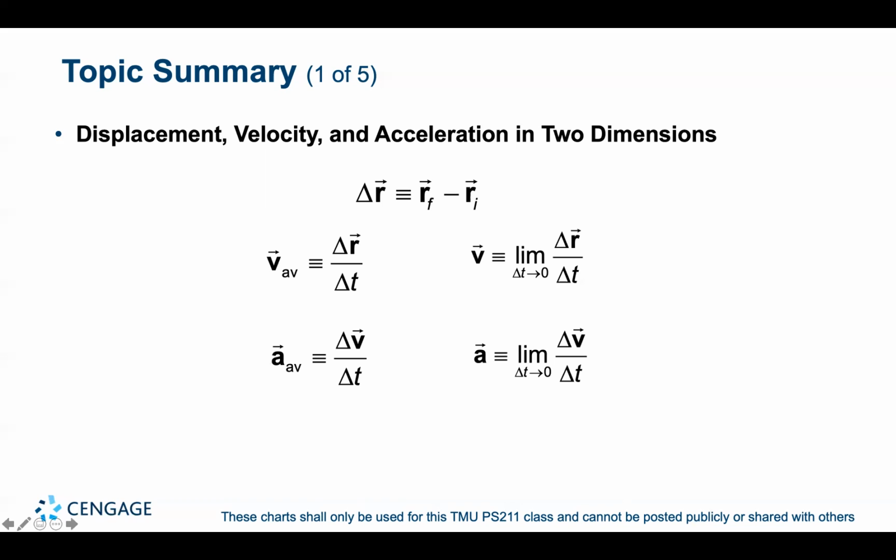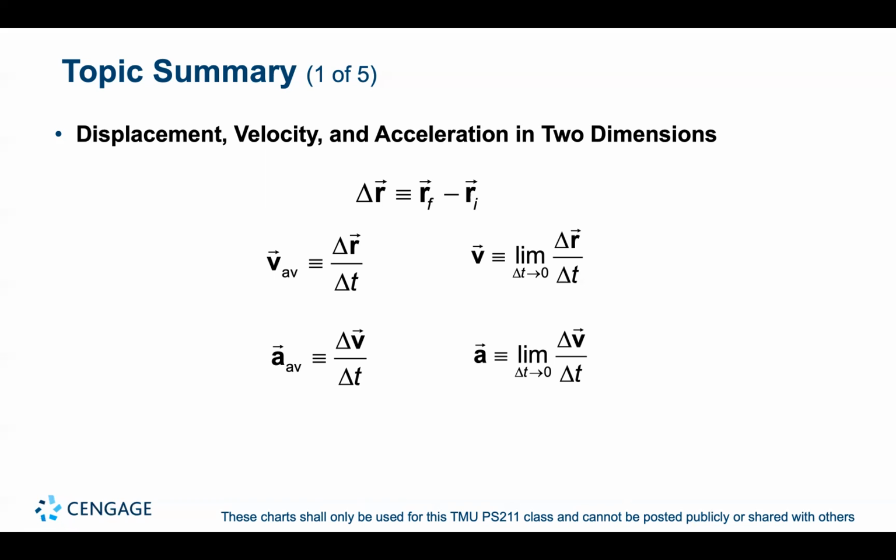The average velocity of an object during the time interval delta t is shown here. Taken to the limit, the expression as delta t gets arbitrarily small gives us an instantaneous velocity v. The direction of the instantaneous velocity vector is along the line that is tangential to the path of the object and in the direction of the motion.